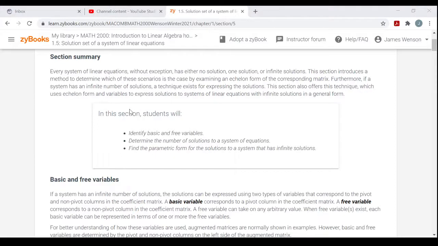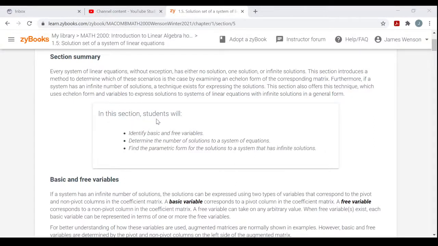And in the sections after this, we're going to take the augmented matrix for a system and use elementary row operations to put that matrix into either echelon form or reduced echelon form.